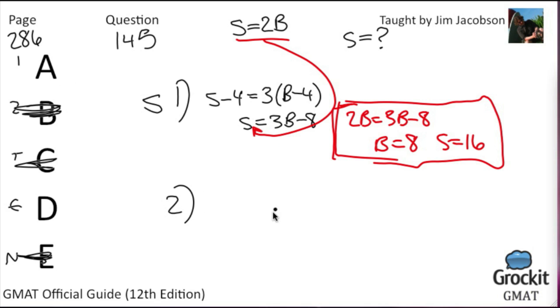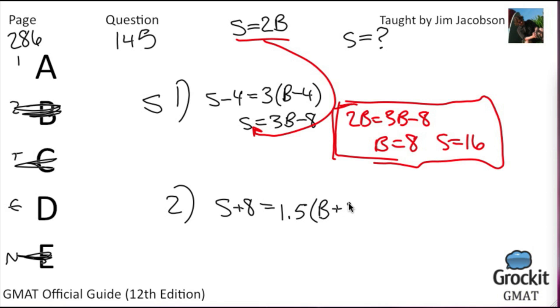Statement 2, 8 years from now, Sarah's age will be exactly 1.5 times Bill's age. So Sarah in 8 years will be 1.5 times Bill's age in 8 years.